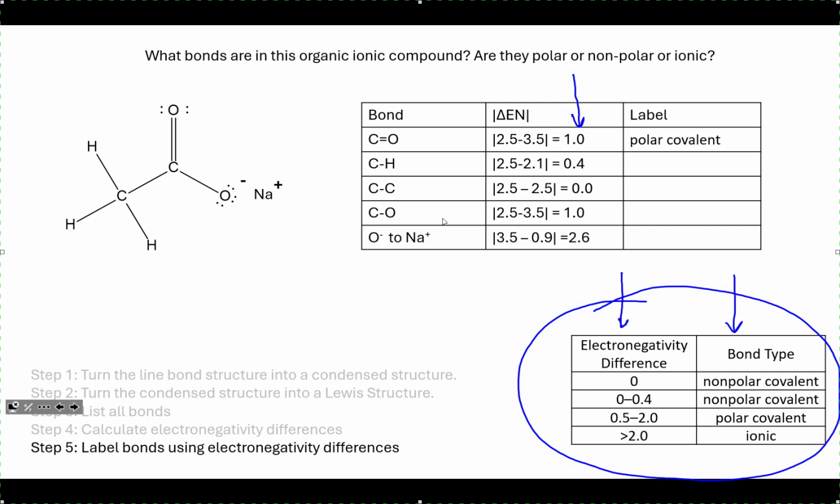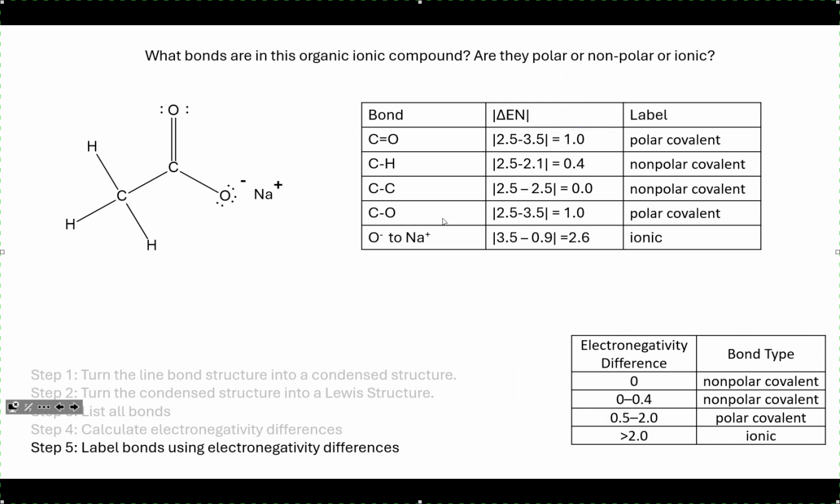And so I've done the first one. We have an electronegativity difference of 1.0, and that falls in this range, and so it's labeled polar covalent. And we can continue on in the same method to get the rest of the labels. And here they are. This is the end of the video.